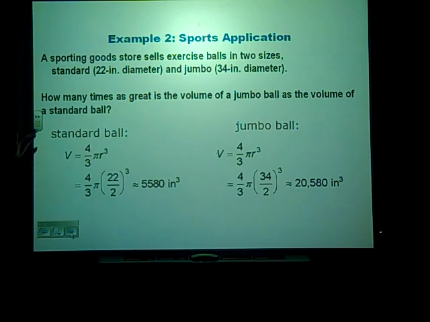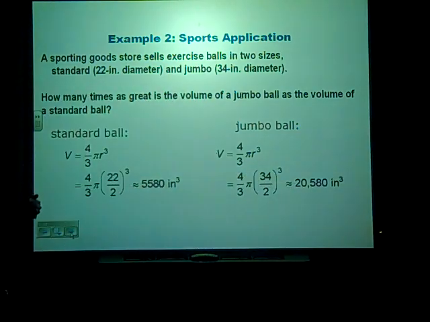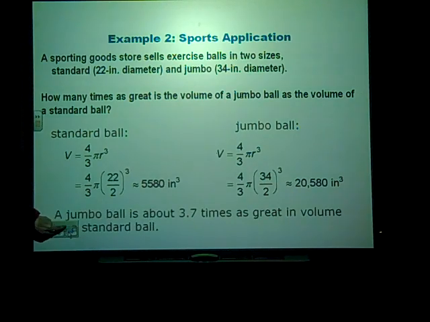Now, to find out how many times as great it is, you're doing the same thing we've done every time we've compared. New divided by old. So you do 20,580 divided by 5,580, and you'll find out that the jumbo ball is about 3.7 times as great.